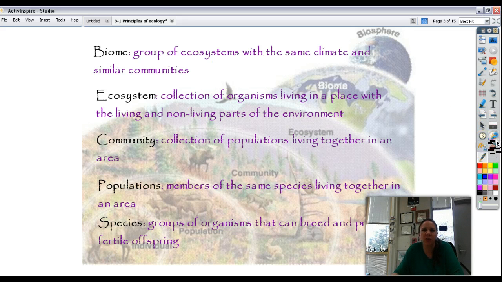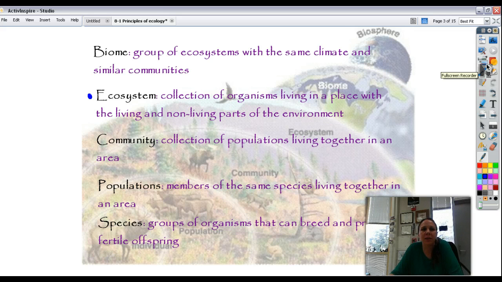There's about 12 biomes or so that are present in the world. So that, again, would be rather difficult to study. You can spend your whole life studying a rainforest and everything within it. So we can break it down into something a little bit smaller called an ecosystem. An ecosystem is all the living and non-living parts of the environment that are all found in one particular area at one time.